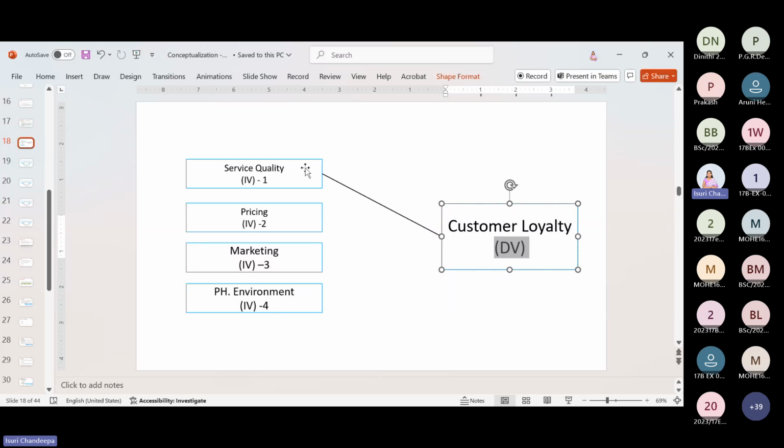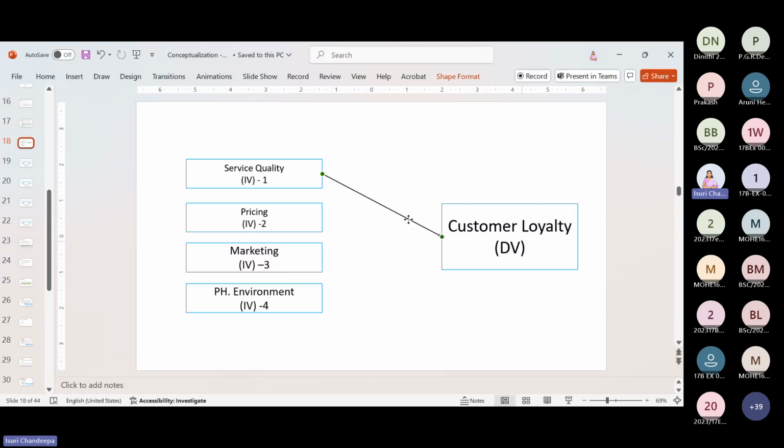Now you have placed the dependent variable and the independent variables. You need to show the relationship. How can you show the relationship? By connecting these independent variables with the dependent variable through arrows, right? The first arrow shows there is a relationship between service quality and customer loyalty.